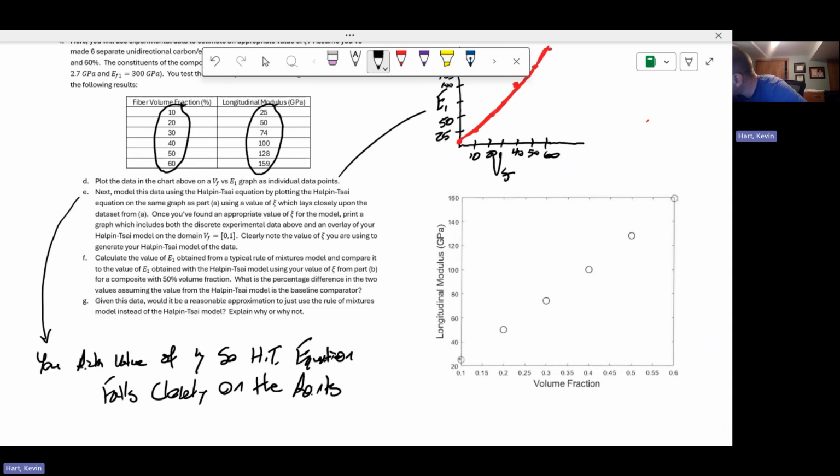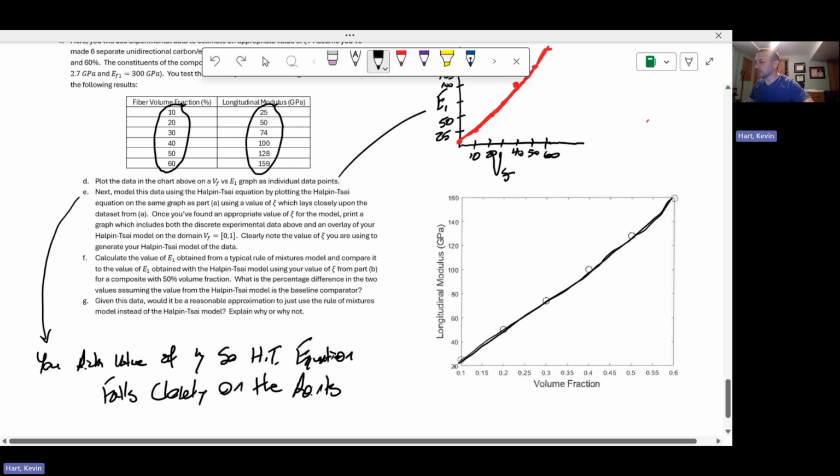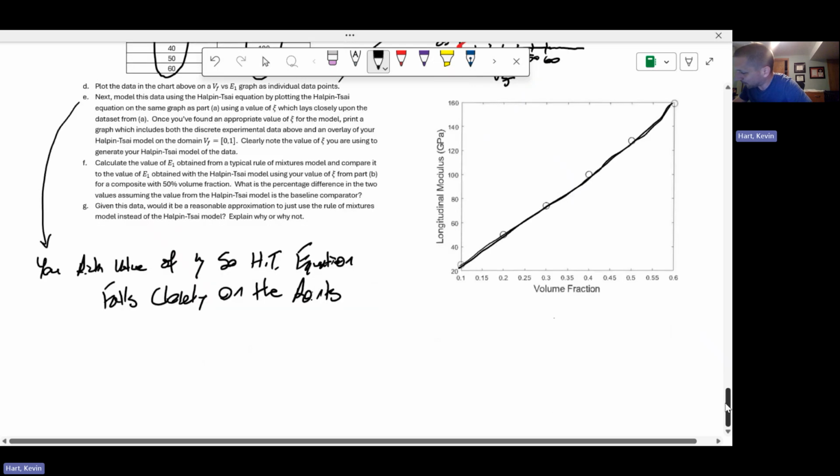You want a line that basically runs through all of these, and it's up to you to pick the value of xi. If you pick a very low value of xi, you're going to have something that looks like this, and it's not going to be close. If you pick a very high value, it's going to look something like that, and it's not going to be close. So what you have to do is just play around with it.